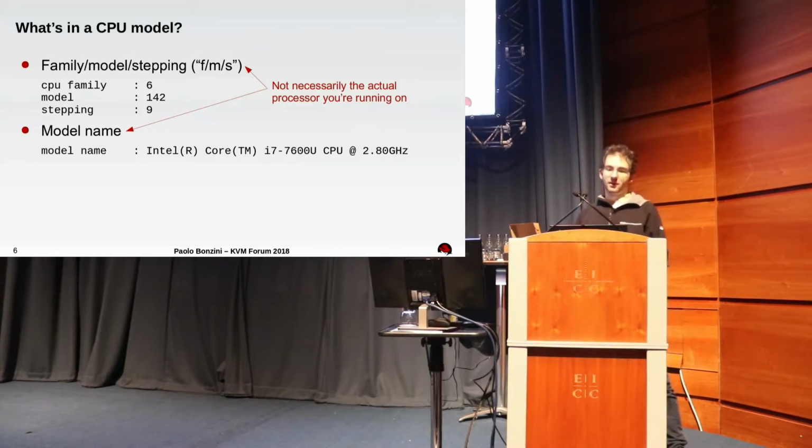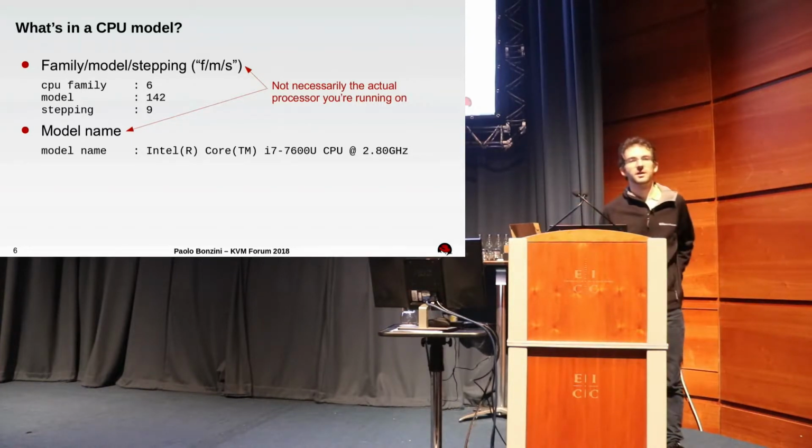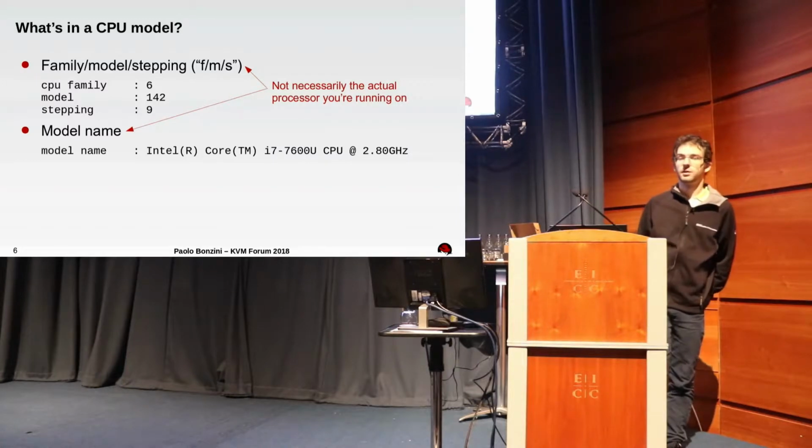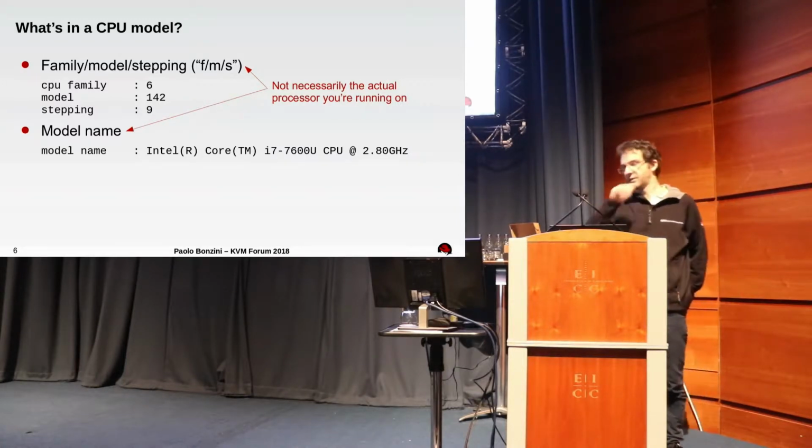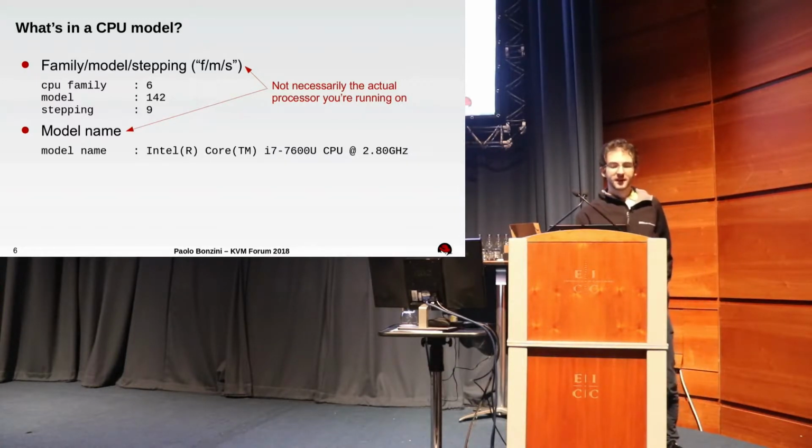A library that likes to look at family, model, and stepping is GMP, the multi-precision numbers library, which means that you probably won't have the best performance from GMP if you're running with a CPU model other than the one you actually have in your computer. But basically, it's a necessary evil to avoid performance loss.